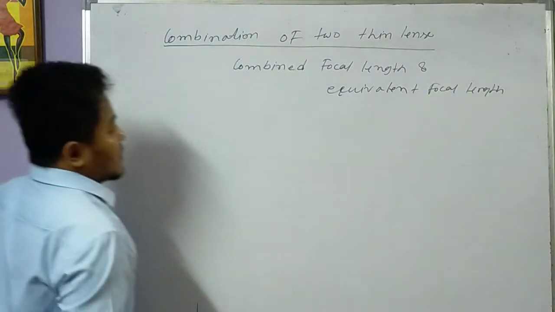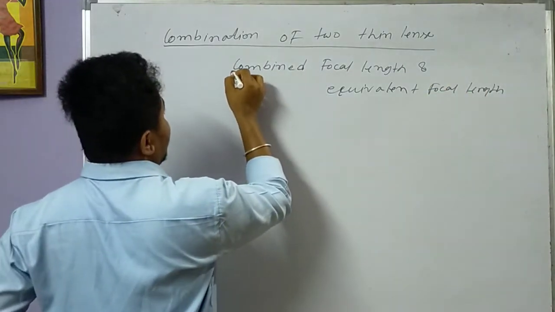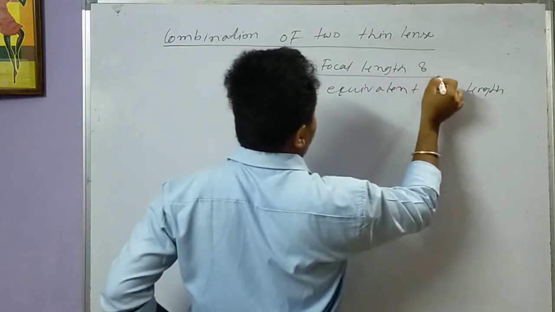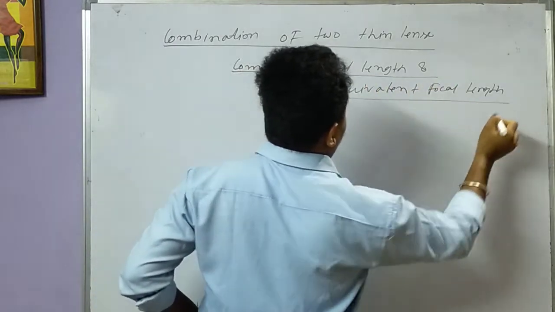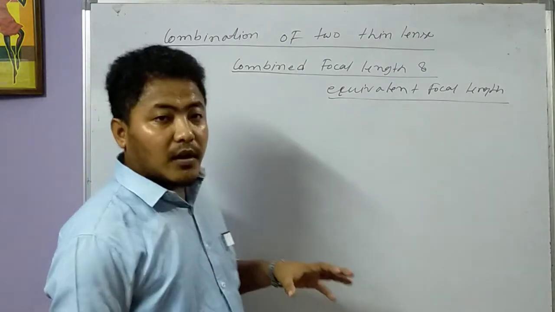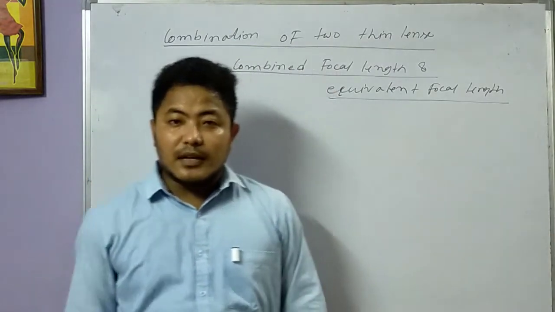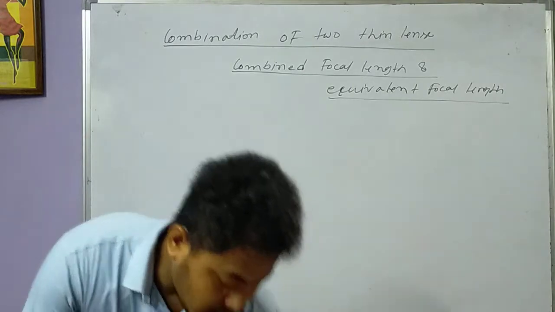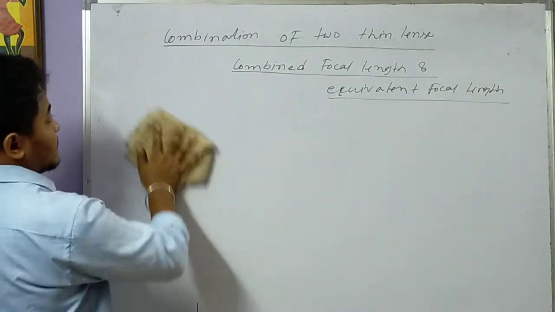That we're going to discuss today. That is our topic, combinations of two thin lenses in contact, and what we're going to derive from them, the combined focal length or equivalent focal length for that type of lenses. You just write the headlines.